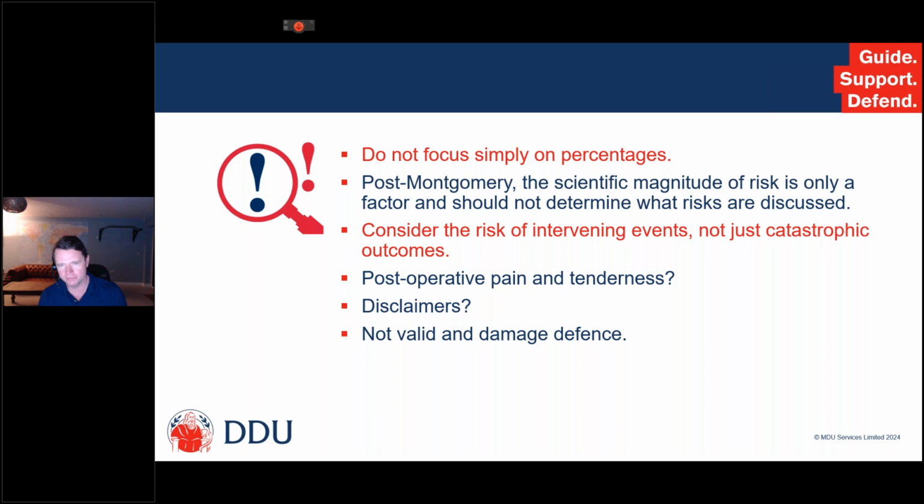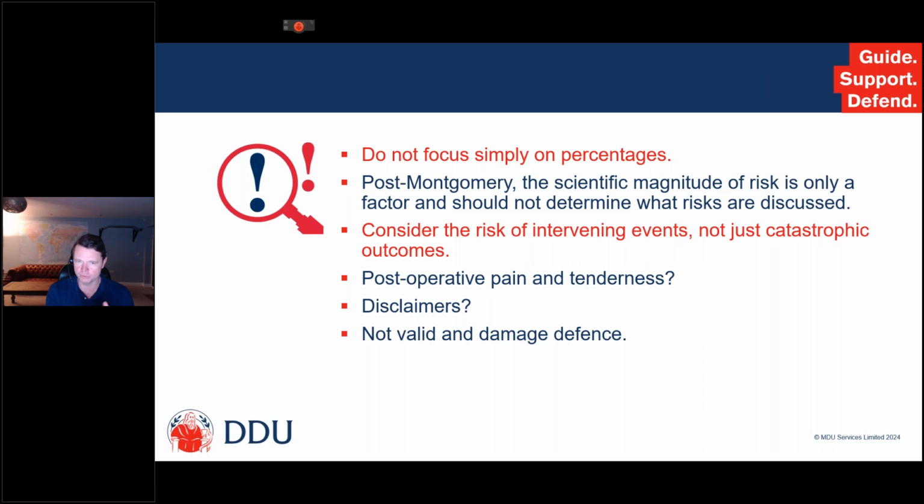Considering the risk of intervening events, not just catastrophic outcomes. You remember earlier we talked about if there's a delay with the lab work, or that denture requires more than one try-in, if that patient's got a specific time frame within which they want that treatment completed, probably a good idea to make them aware of that possibility.